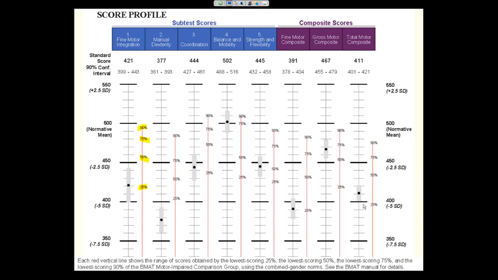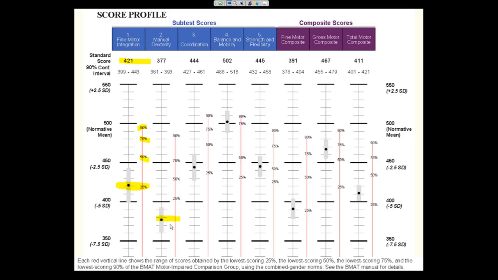So for Mary, the 421 standard score for fine motor integration corresponds to just about the 25th percentile of the motor impairment group. When we're looking at the 377 in manual dexterity, I can't give you a number here, but that's even well below the lowest scoring 25th percent.